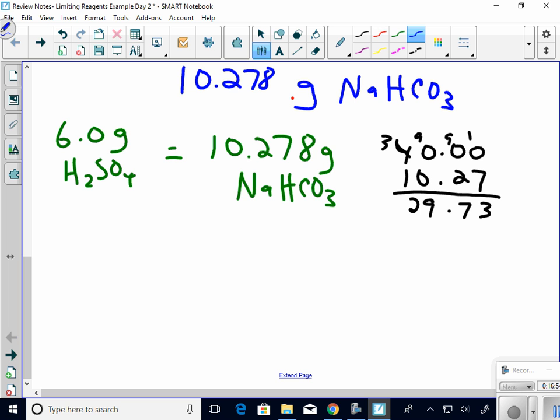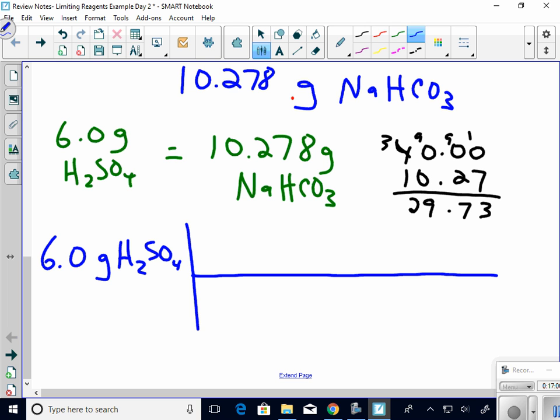So I'm going to start with 6.0 grams of sulfuric acid, and I'm going to go mass to mass of sodium sulfate. I've already got my sulfuric acid number, 98.07848 grams.